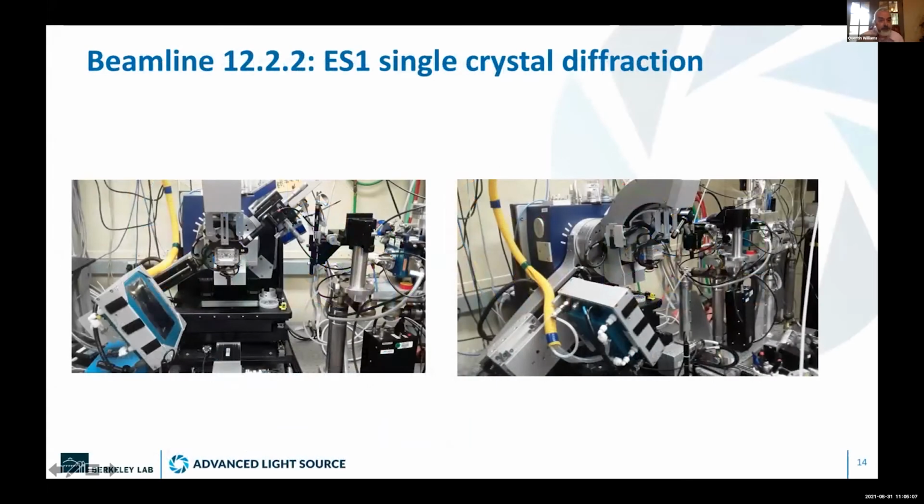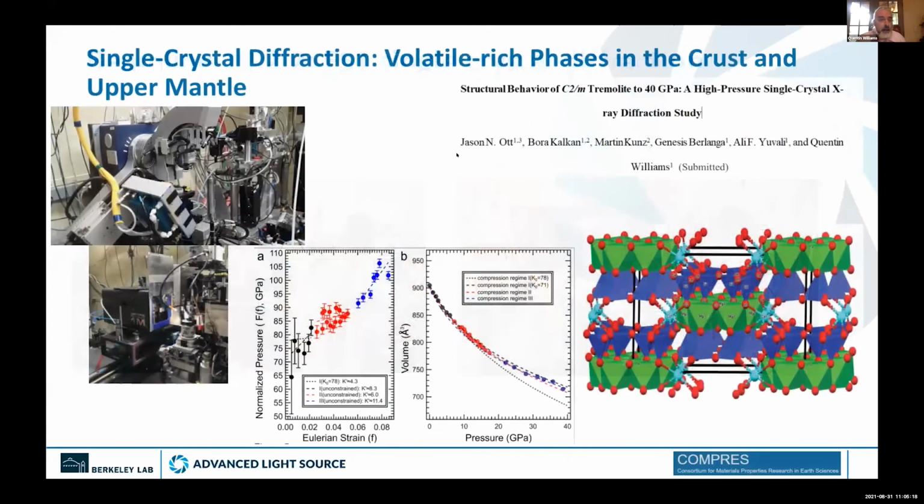We also do single crystal diffraction, with the Advanced Light Source detector, single crystal diffractometer. We actually have two end stations that we can do single crystal diffraction on. And we've looked at a sequence of fairly complicated phases under compression. This is the well-known amphibole tremolite, where we've done single crystal work up to about 40 GPa on it.